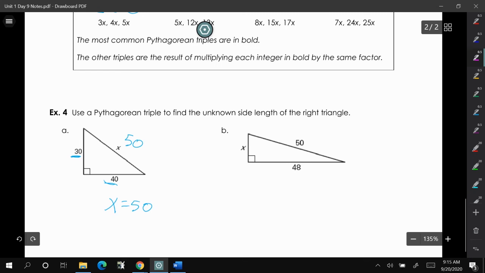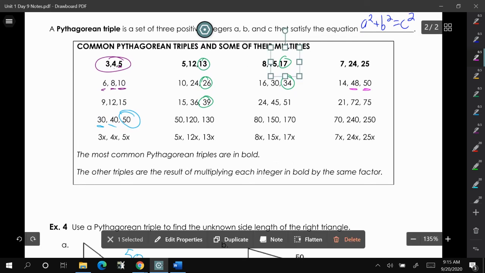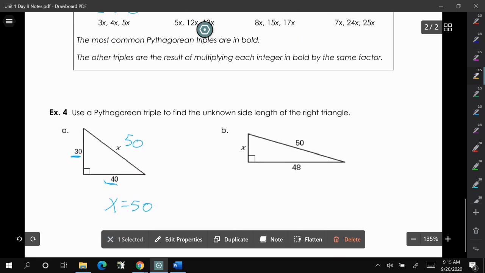Then over here, we have x, 48, and 50. So if we look up here, okay, we have 48 and 50, so the missing one is 14. So this was our hypotenuse. So x equals 14.